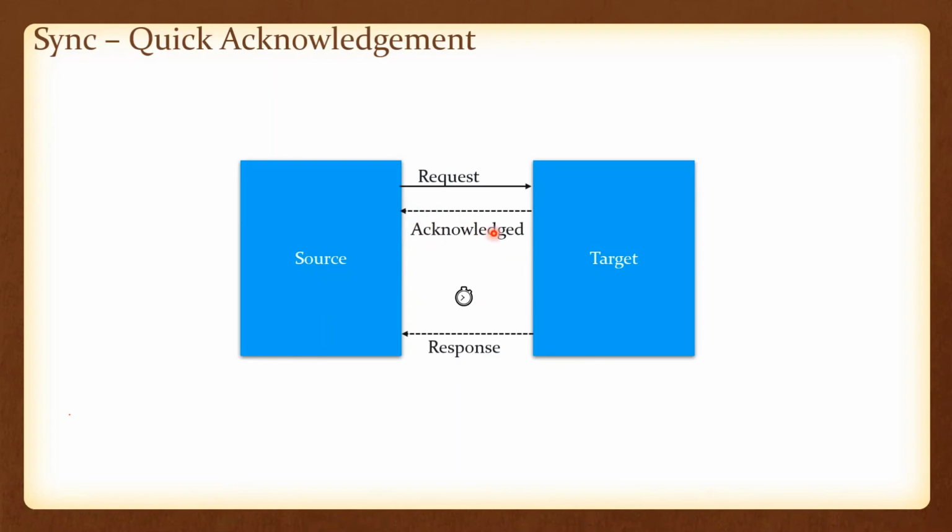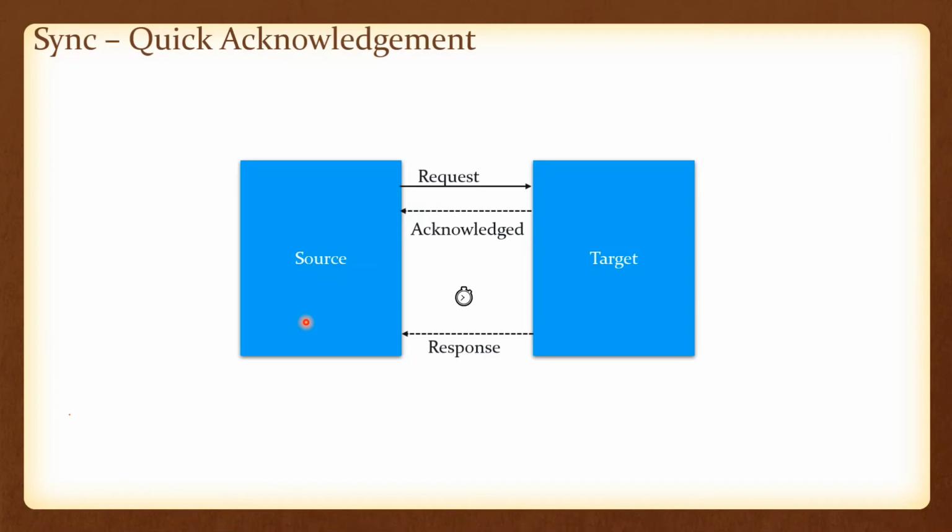In case you have some long running processes, use this pattern so that the source system quickly gets an acknowledgement, and later on it can get a response. A practical example of this messaging pattern is when you order something from an online shopping website. All the process doesn't happen quickly, right?